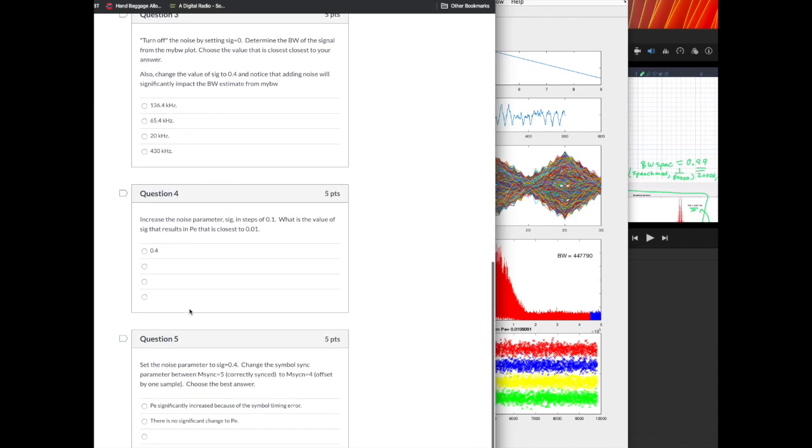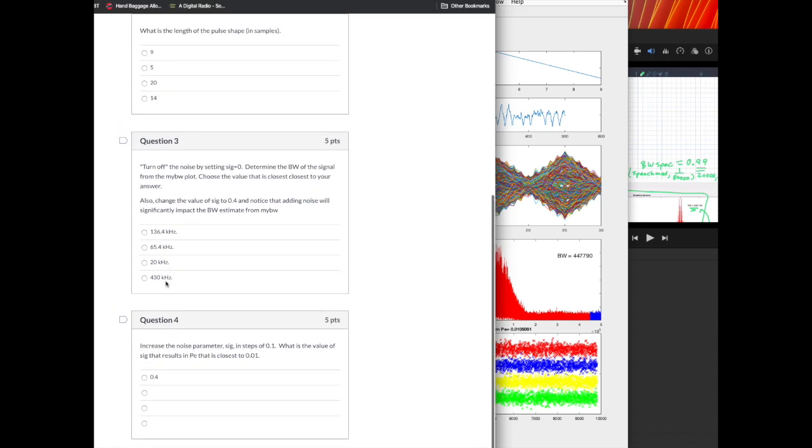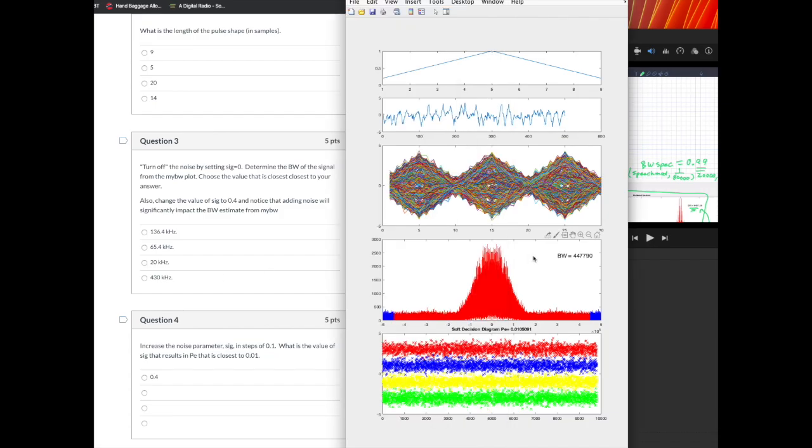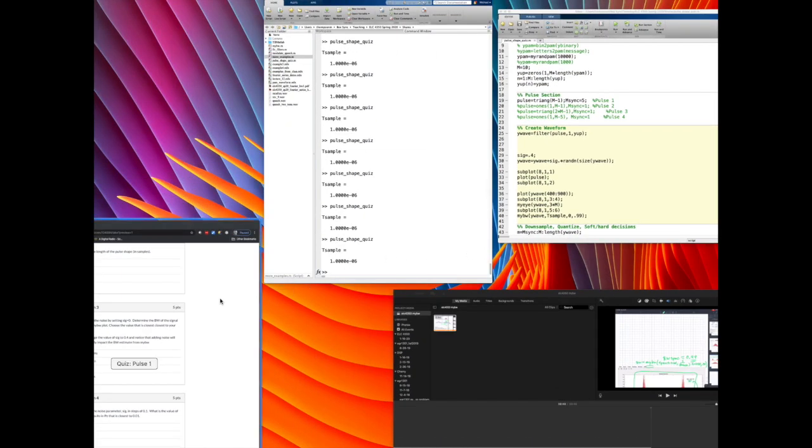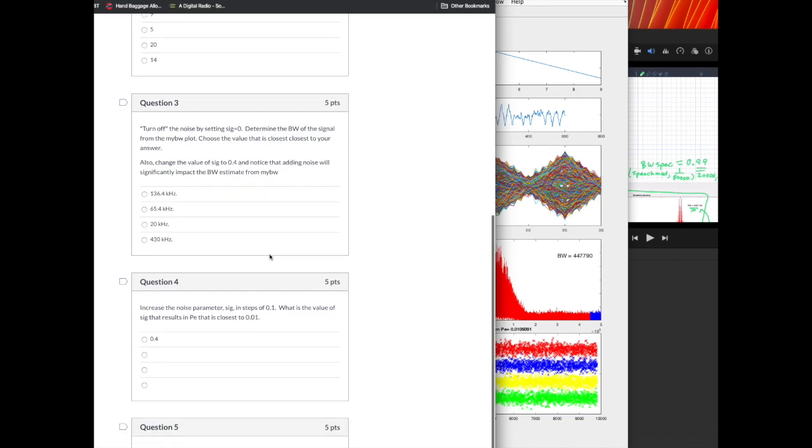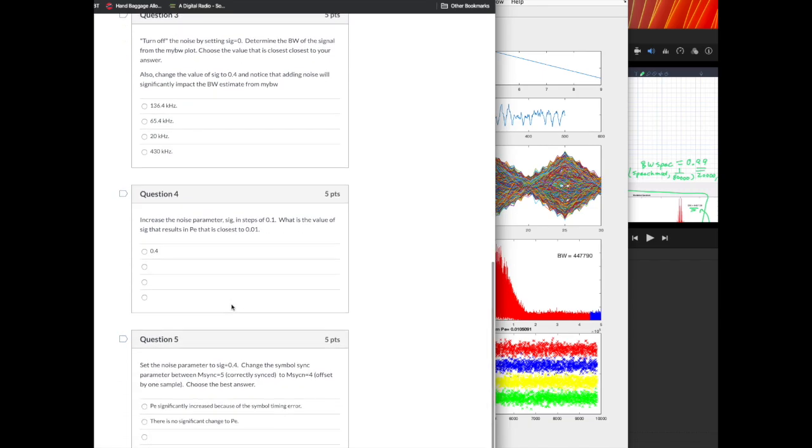All right, so if I scroll up here, you didn't put the rest of the answers in yet, but if you had a range of choices, you'd choose 0.4. Okay. All right, and then the next question I had was, given that you have a noise level set to 0.4, set it to 0.4.